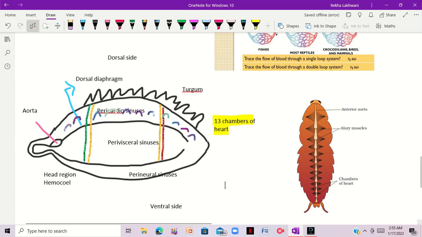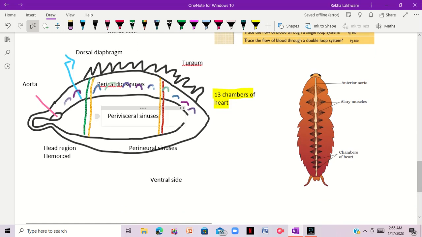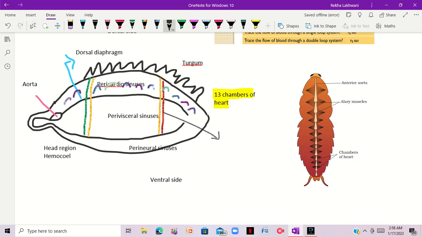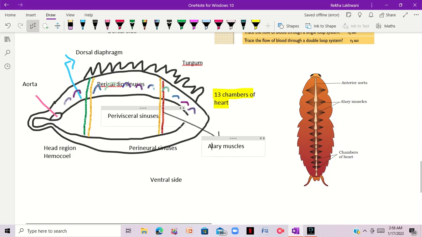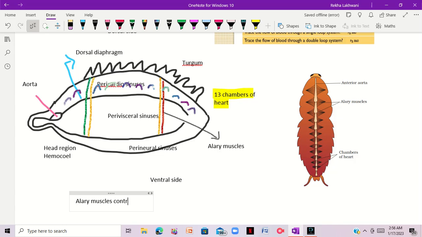Now basically, these are the alary muscles.